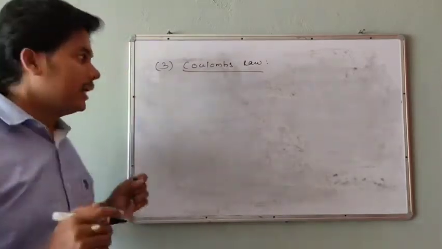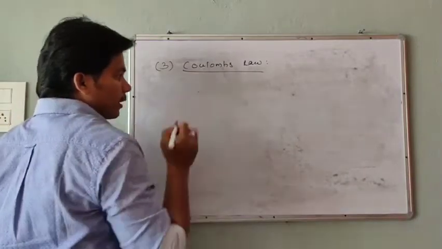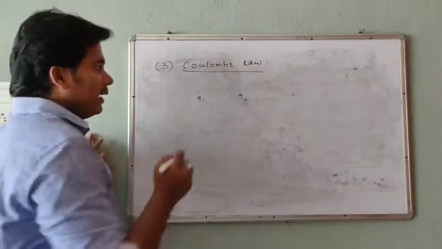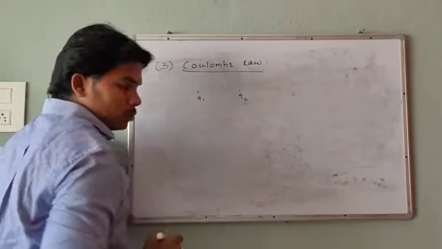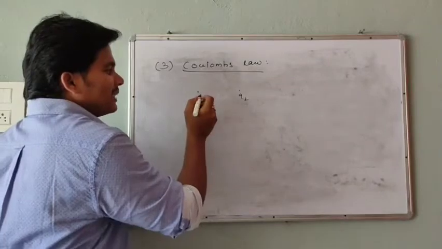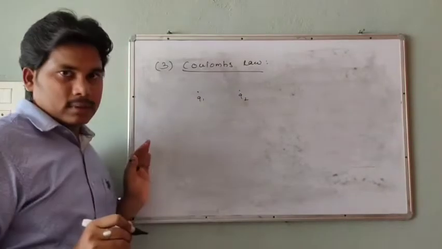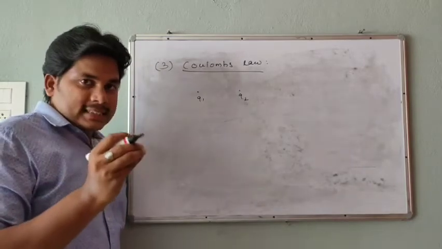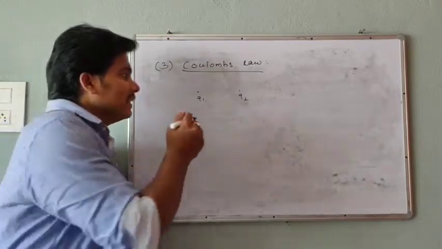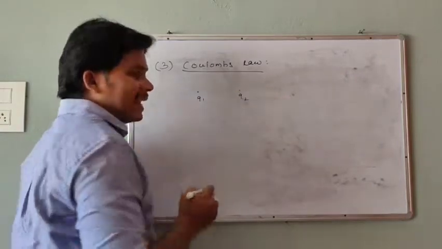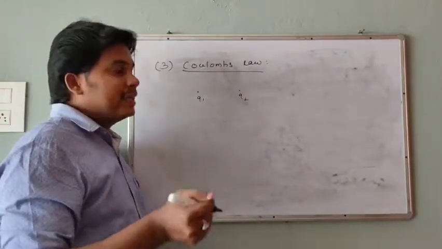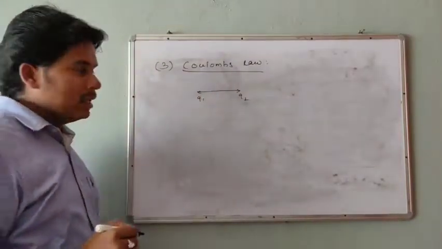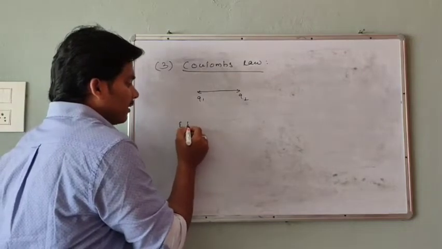He said that if you take two charges, Q1 and Q2, then surely there is an electric force. As I already said in the introduction class, if two charges are there, they apply an external force on each other. This force is called the electric force, and as the charges are at rest, it is called the electrostatic force.